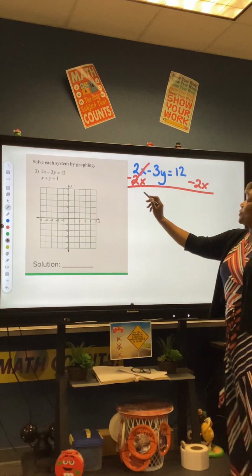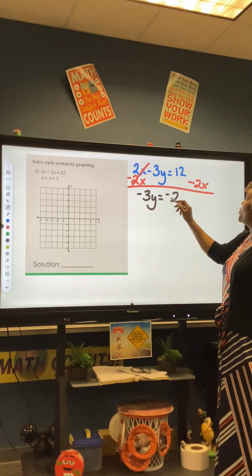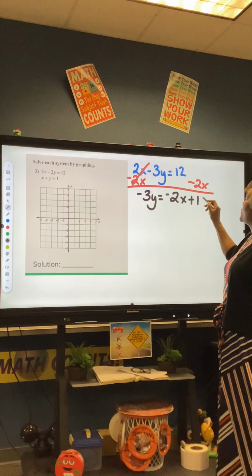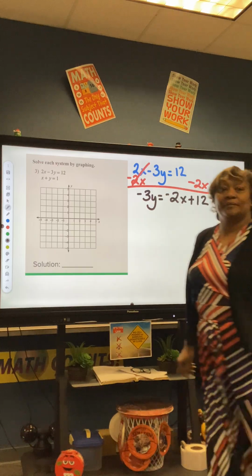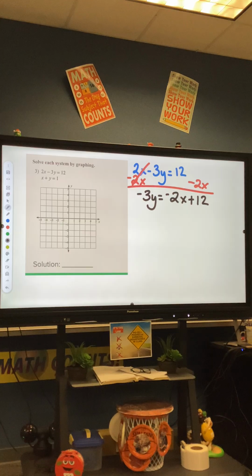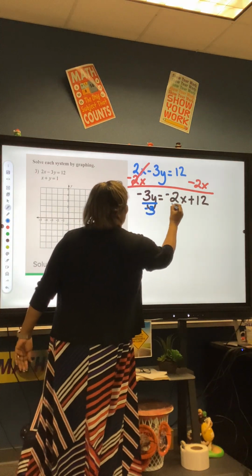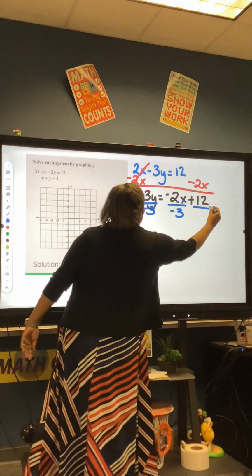Okay, so now you got negative 3y is equal to a negative 2x plus 12. You want y by itself, so y is attached to negative 3. So the way to get rid of negative 3 is to divide, because that's a multiplication problem. Divide, divide, divide.